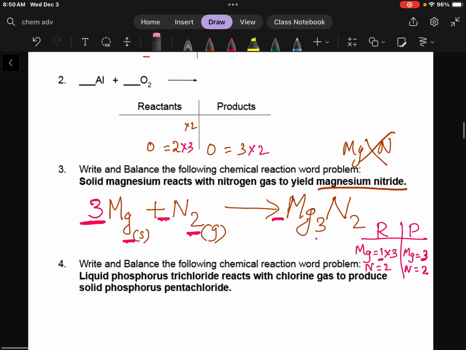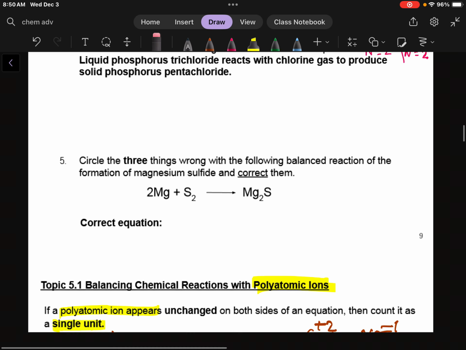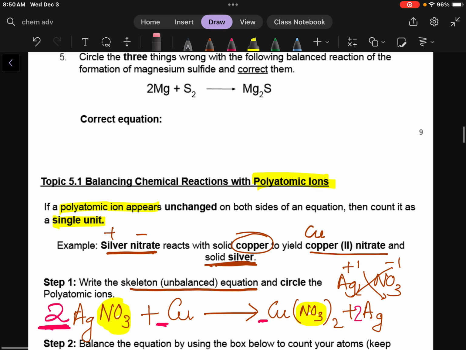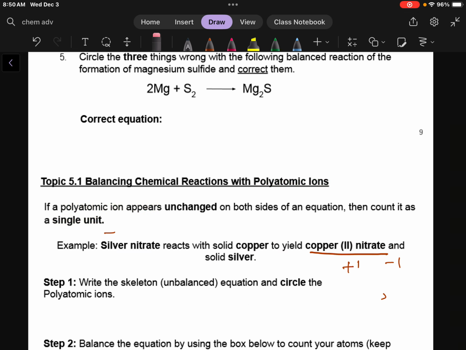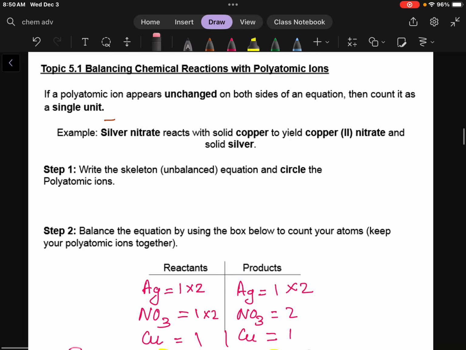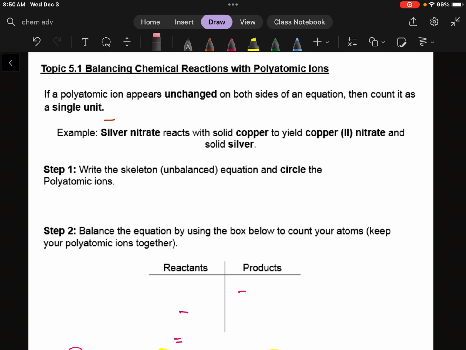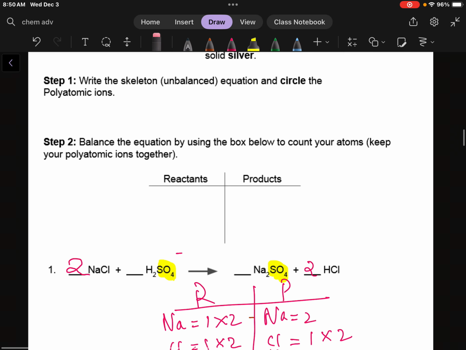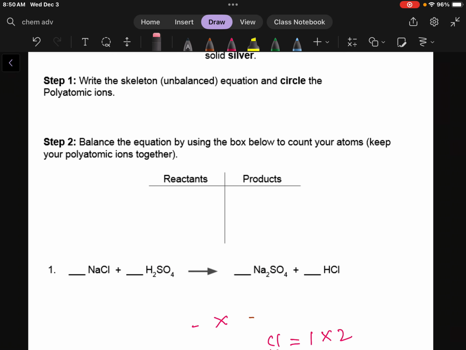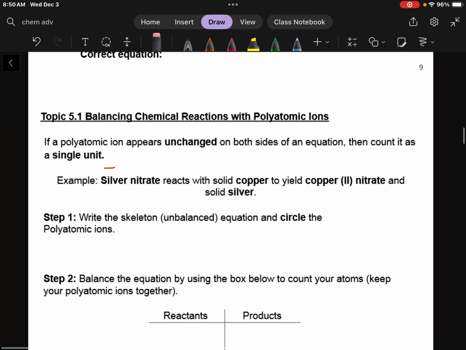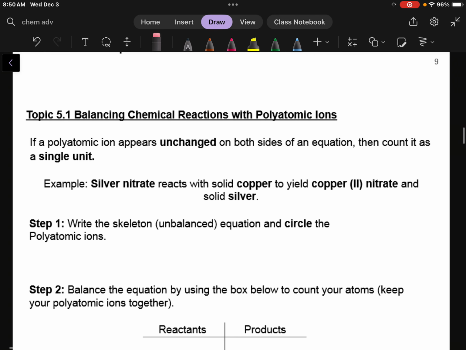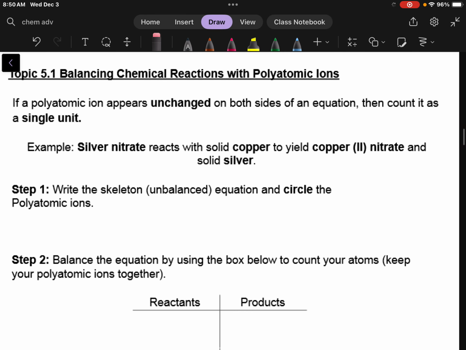Okay, so let's go to this one, which is polyatomic ion. I think it will be on the next page. Okay, ready? It says silver nitrate reacts with copper to form copper 2 nitrate and solid silver.